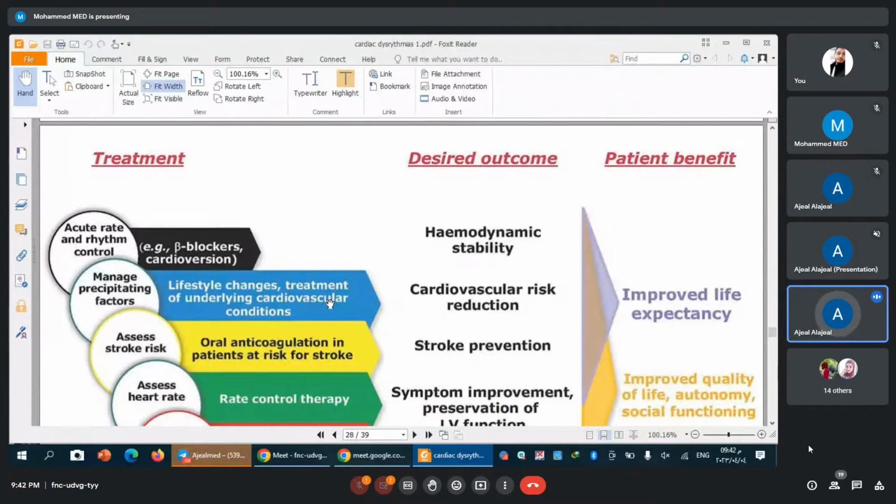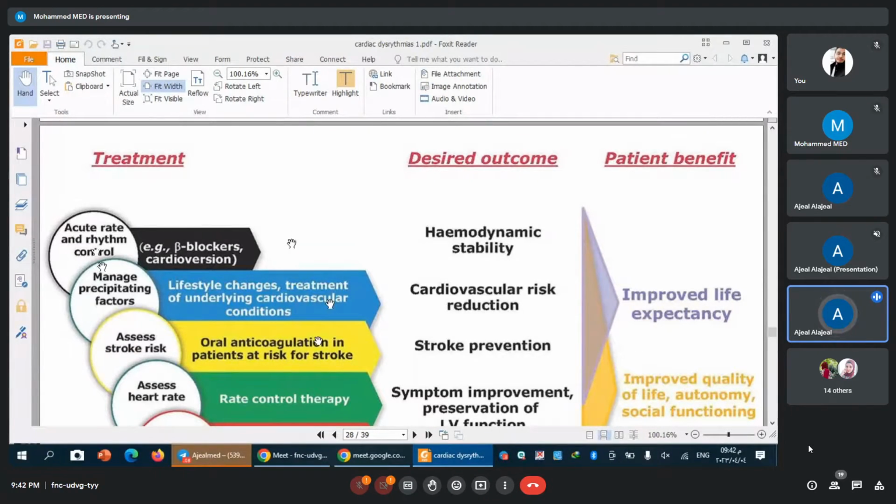Yeah, this is the treatment of atrial fibrillation. Okay. You can use beta blockers, any one of the beta blockers. You can use a calcium channel blocker like verapamil.